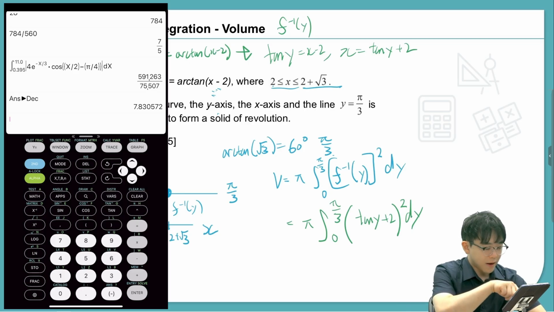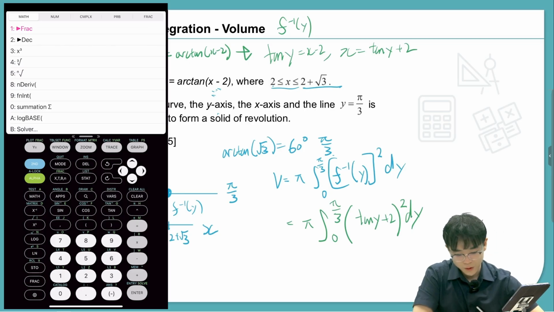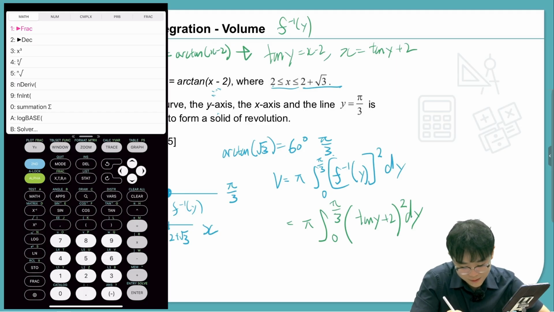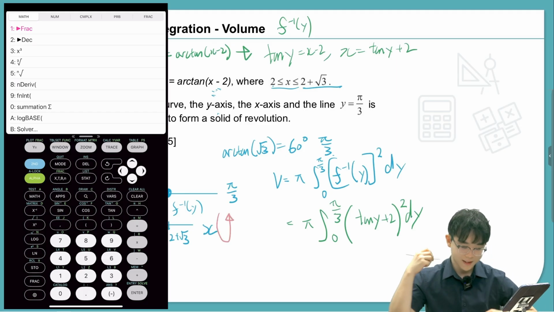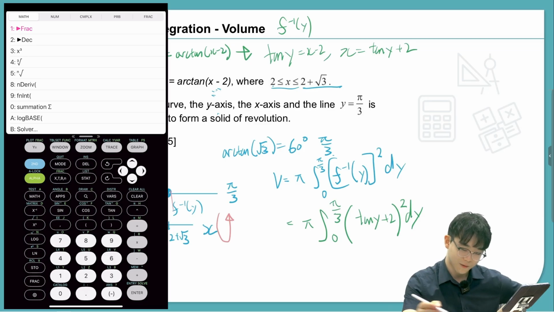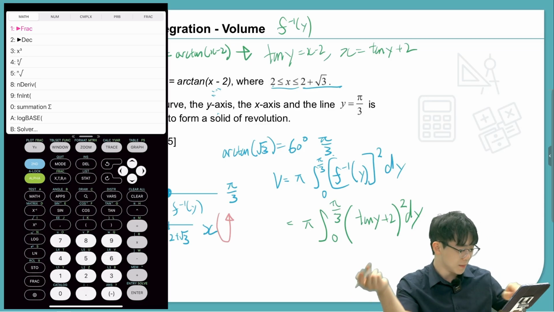So 5 points might not seem like much, but if you were to, say, revolve it about the x-axis, right, that would be a pretty harsh case because you would still do the work and not get full points, right? Because you just found the volume of the wrong solid.